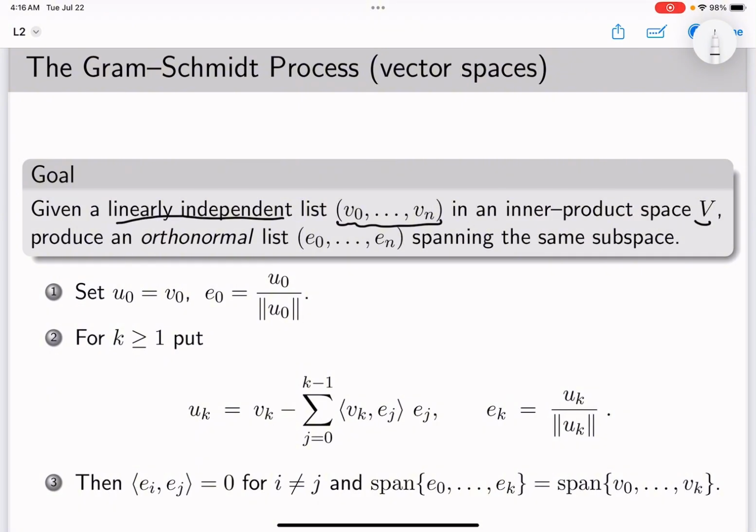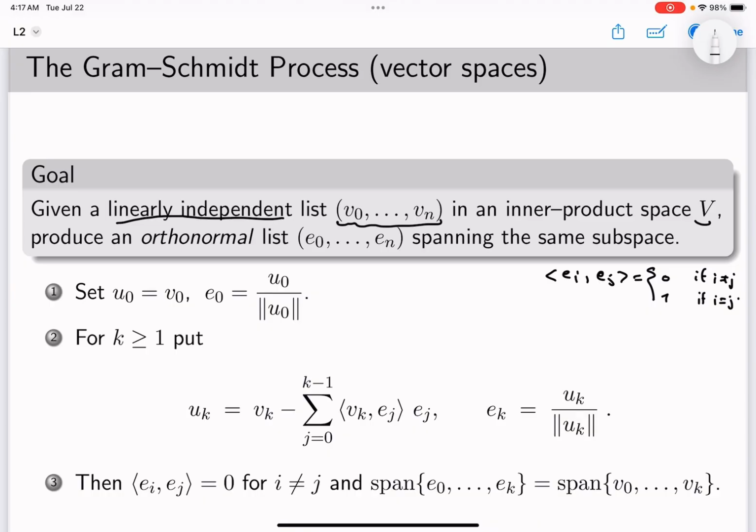Here we're assuming that the vector space is equipped with an inner product, and by orthonormal we mean exactly that the inner product of Ei and Ej is going to be 0 if i is not j, and it's going to be 1 if i is j.